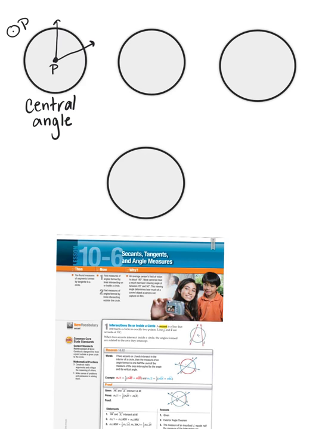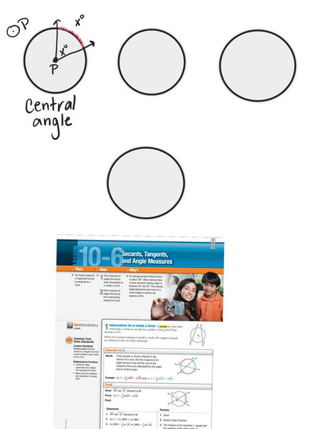The measure of a central angle in degrees is the same as the intercepted arc in degrees. Remember that the intercepted arc is the piece of the circle that lies between the two sides of the angle.